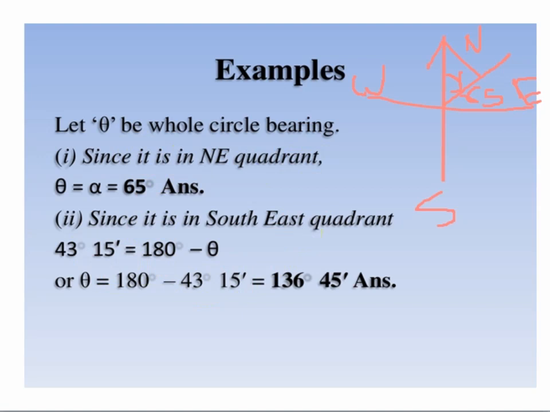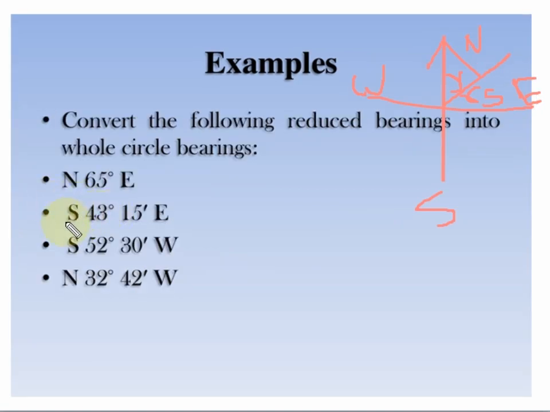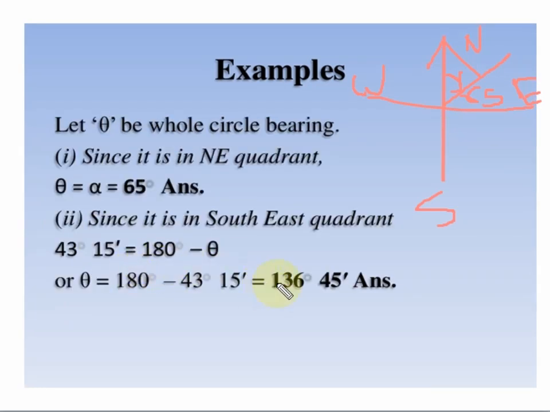Then what is the second example given? South 43 degree 15 minutes east. So again you can draw a diagram. I will first remove this diagram. South 45 degree east. So let us see, this is your north and south.